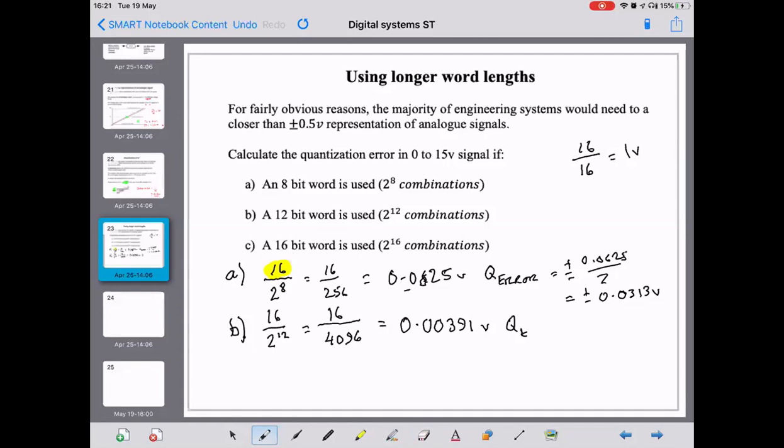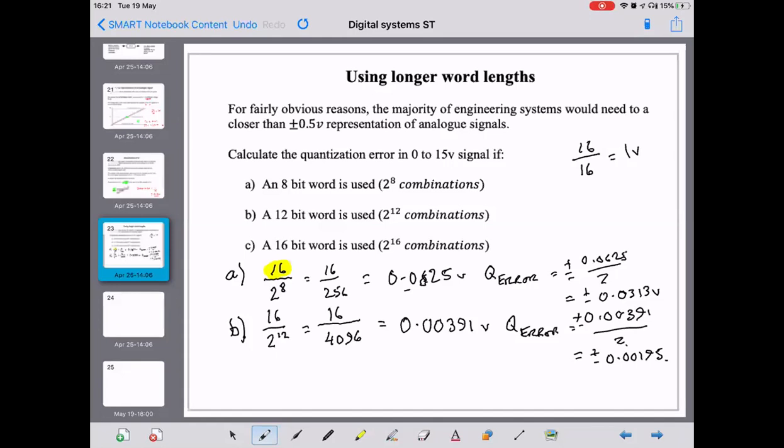So your Q error is plus or minus that over 2, which I get as plus or minus 0.20195 to 3 significant figures.